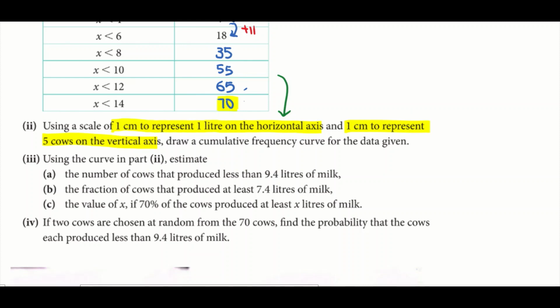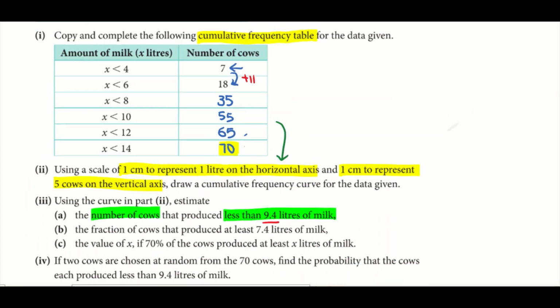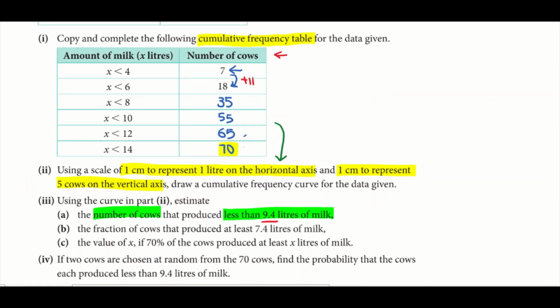Using the curve, estimate the number of cows that produce less than 9.4 liters of milk. Well, 9.4 is impossible to find from the cumulative frequency table. Hence, we will go back to our curve to see where 9.4 is.